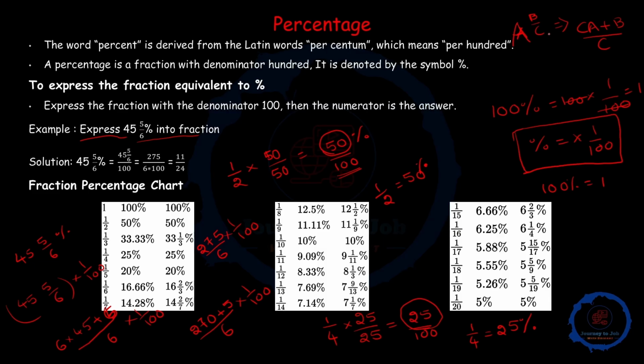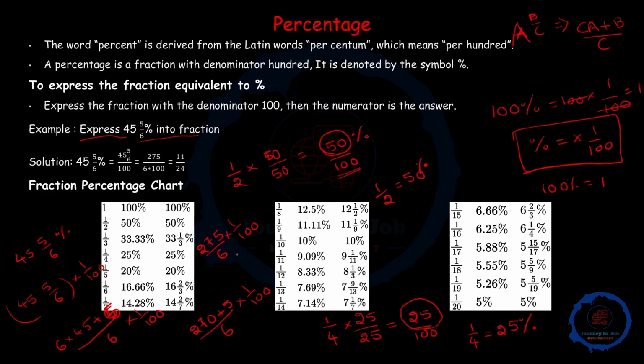A B by C means C into A plus B by C. Here 45 5 by 6, so 6 into 45 plus 5 by 6. This is how to solve a mixed fraction. I will explain it later also.